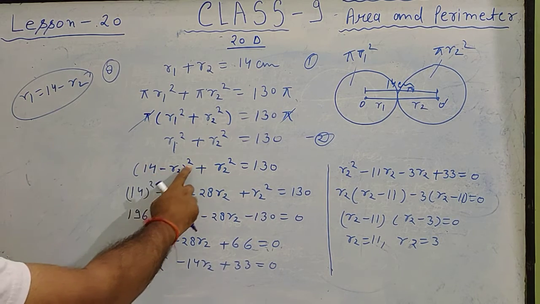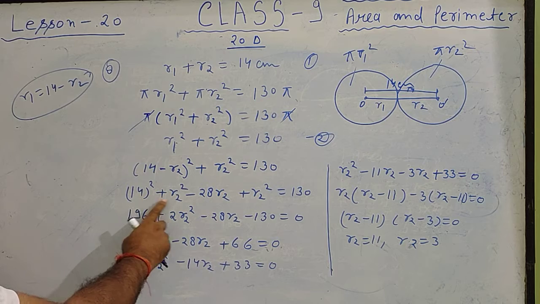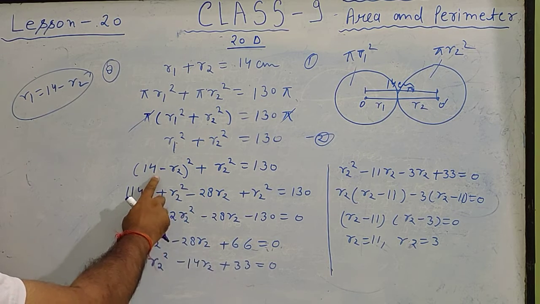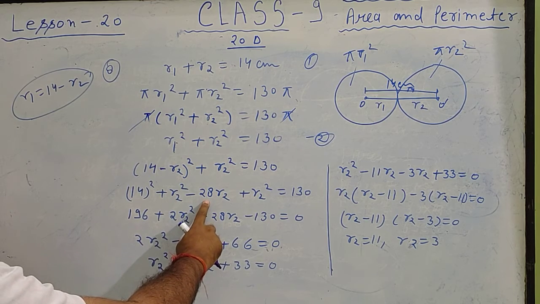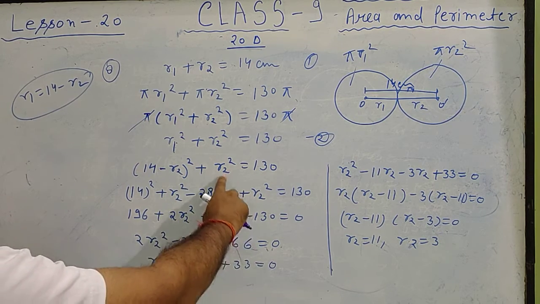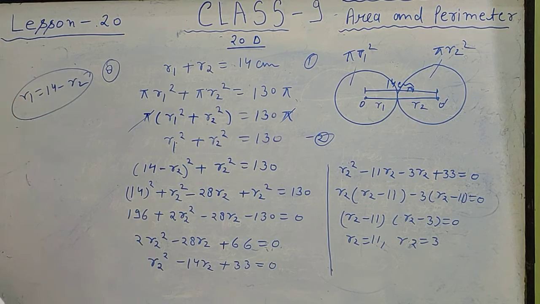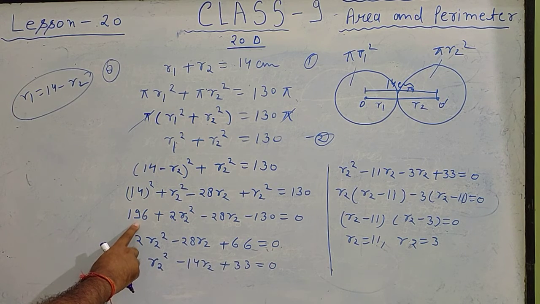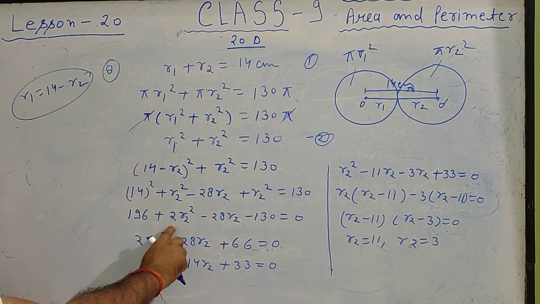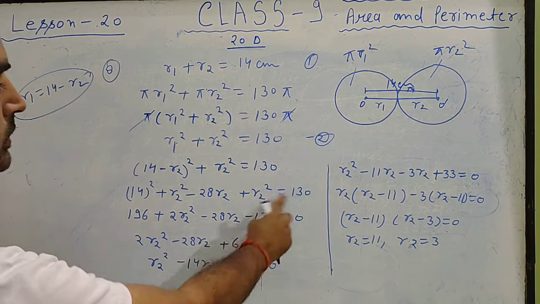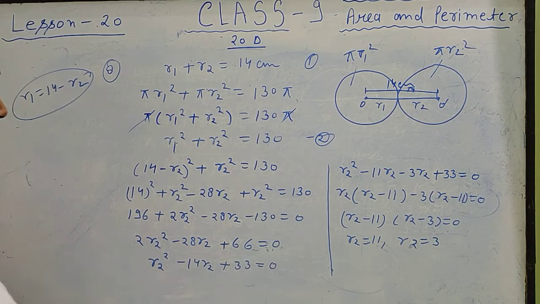Now the formula (a minus b) whole square is a square plus b square minus 2ab: first term square plus second term square minus 2 into first term into second term. Then 14 square is 196, r2 square plus r2 square is 2r2 square, minus 28 r2. Transfer this, so minus 130 equals 0.